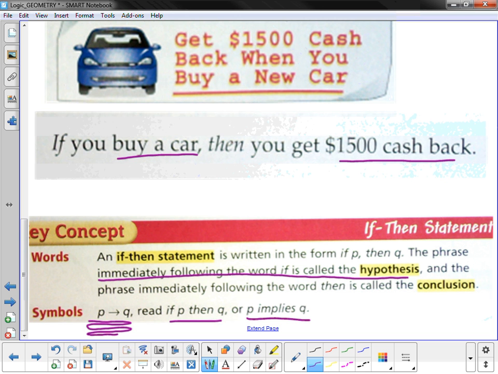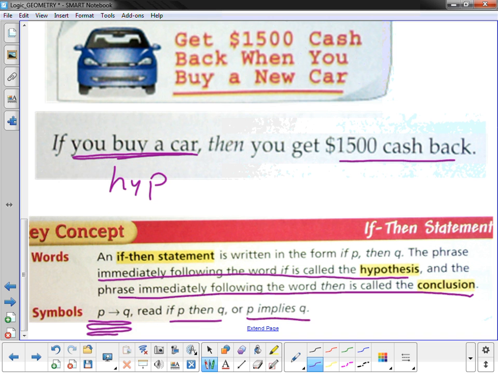So this, you buy a car, is our hypothesis. And the phrase immediately following the word then is the conclusion. So you get $1,500 cash back is our conclusion. So if you want to find the hypothesis and the conclusion, I look at this.